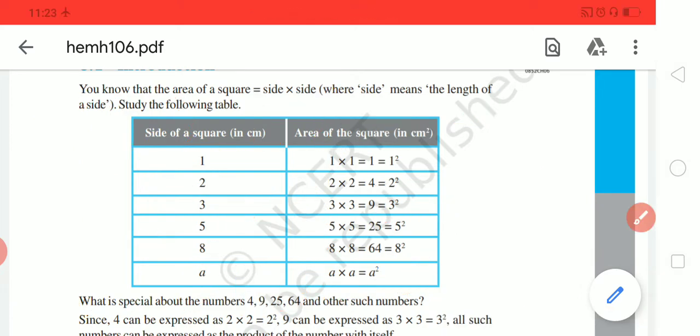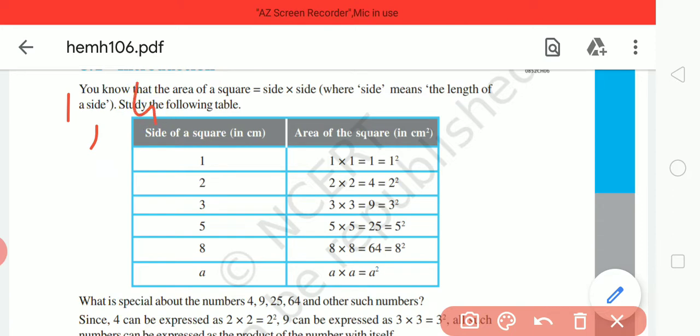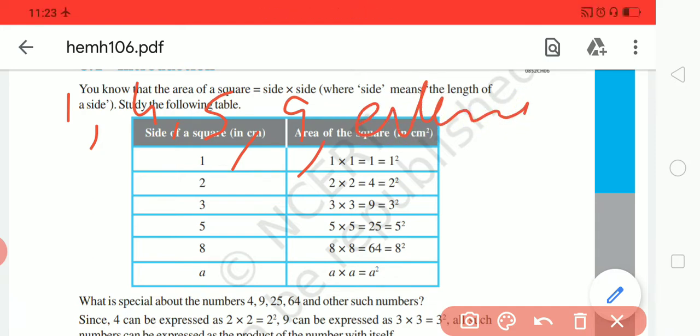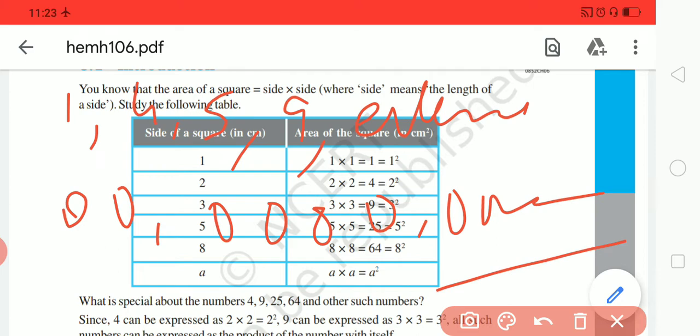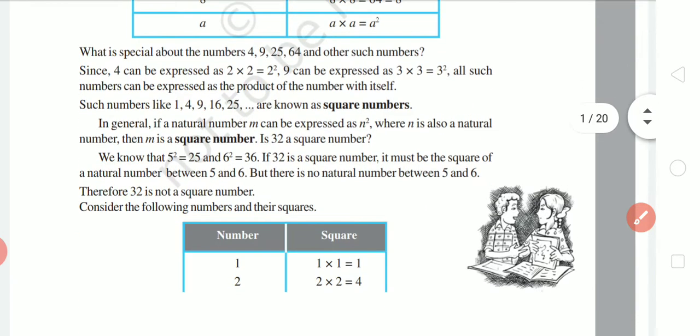And the numbers that end with 1, 4, 5, 6, 9, and an even number of zeros, like 00, 4 zeros, and 6 zeros, and so on, these numbers are perfect squares, meaning we can find a perfect square that is the square of the given number.